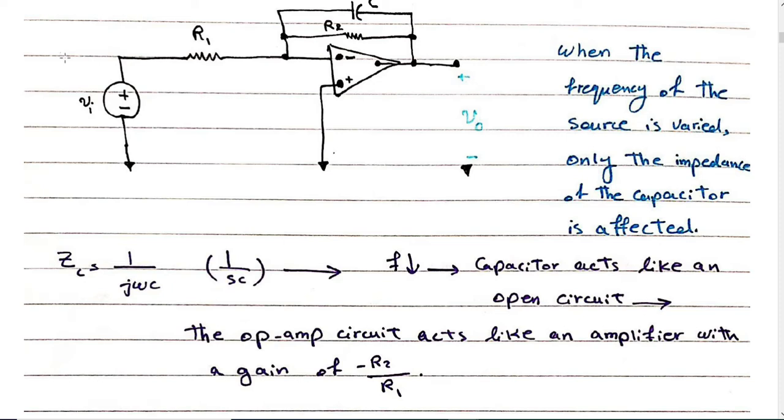So (Vn minus Vi) over R1 plus (Vn minus Vout) over R2 equals 0. So what is the relation between Vout and Vin? Minus R2 over R1, which is the gain for this circuit at low frequencies.